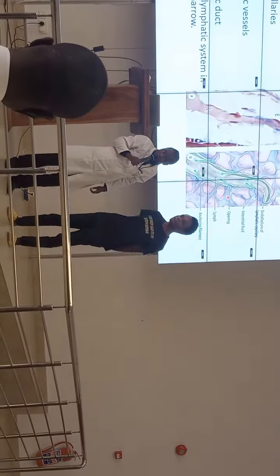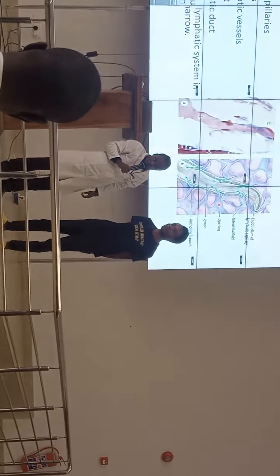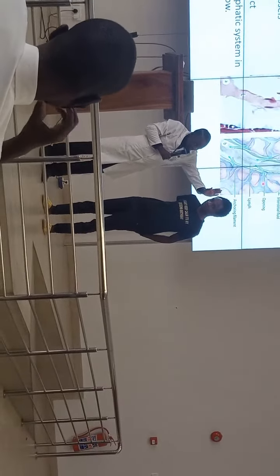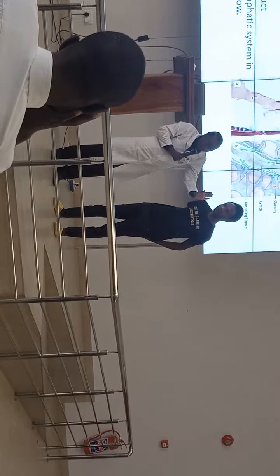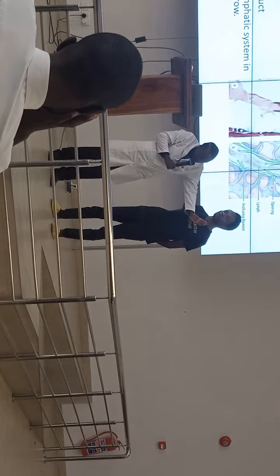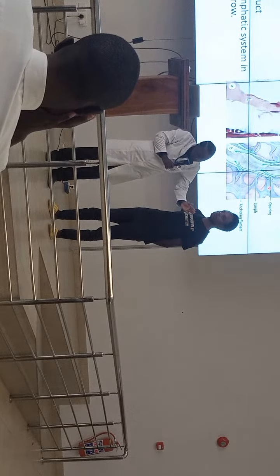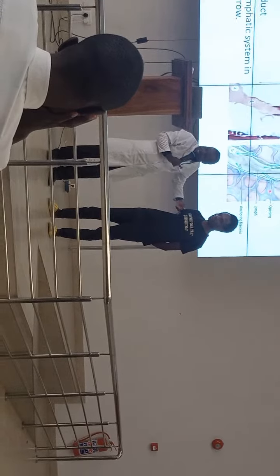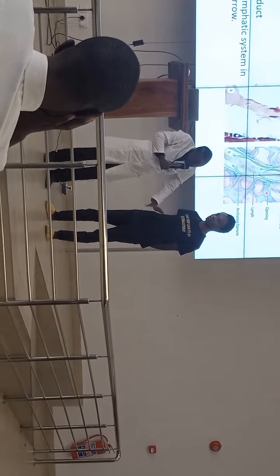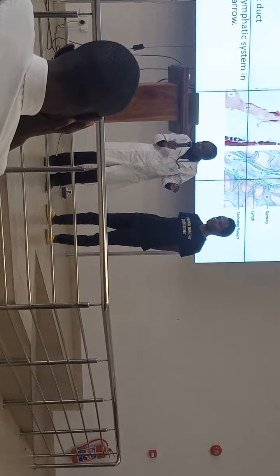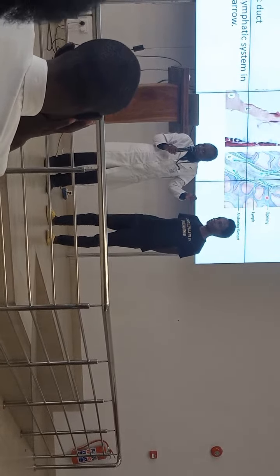Okay. All that lymph from the left side of the head, left side of the neck, left thorax, left upper limb, left all the abdomen. Remember, I divided him. I came here and ended here. So all this lymph will end up in a lymphatic vessel that we call the thoracic duct.